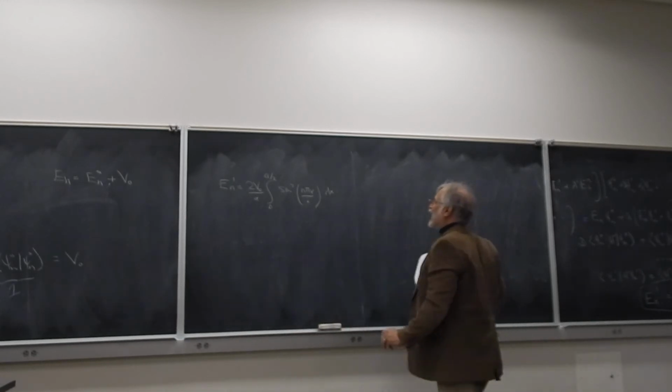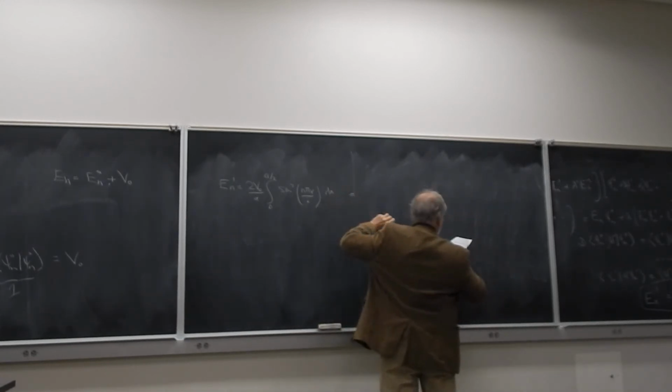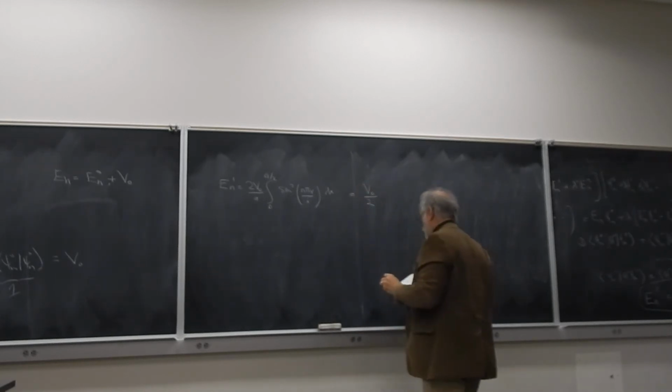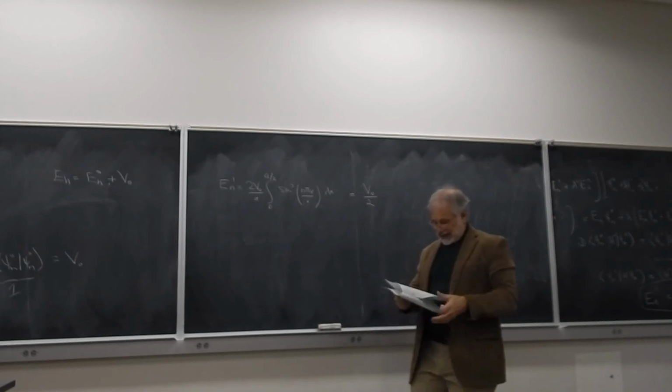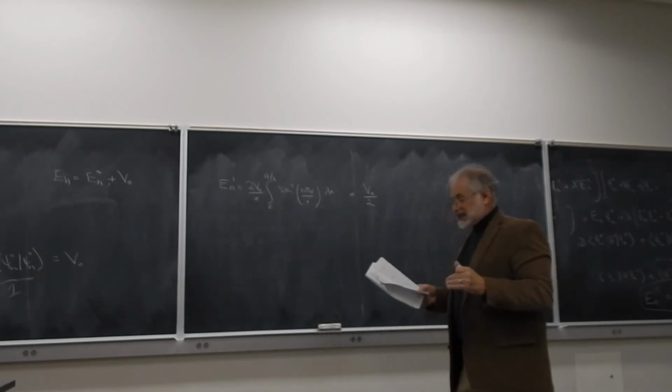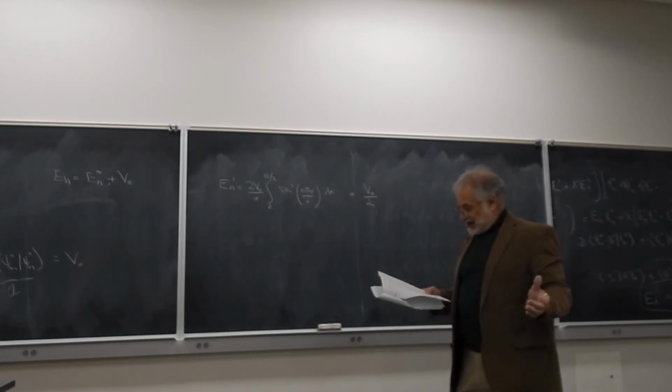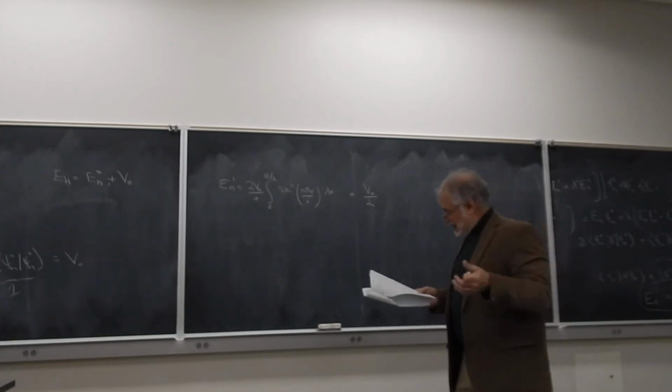So if I integrate that, I'm going to get that my energy correction is actually equal to V naught over 2. So this result implies that the energy level is lifted up by V naught over 2. That's not exactly correct, but after all, it's only the first order.